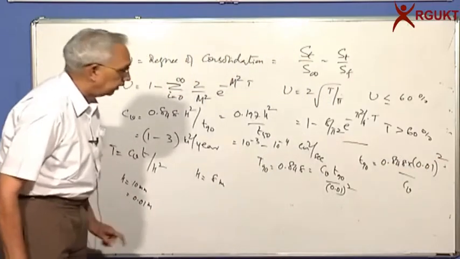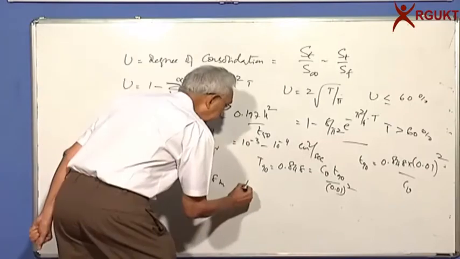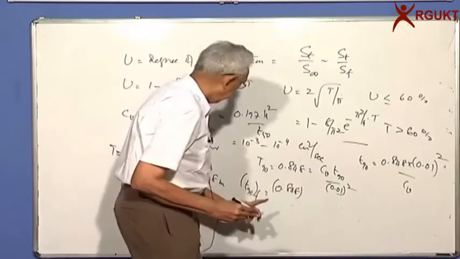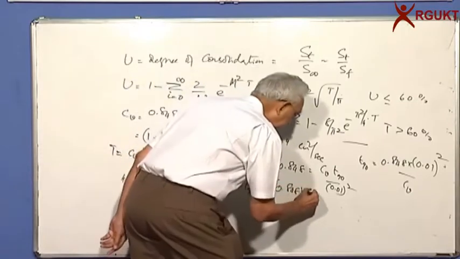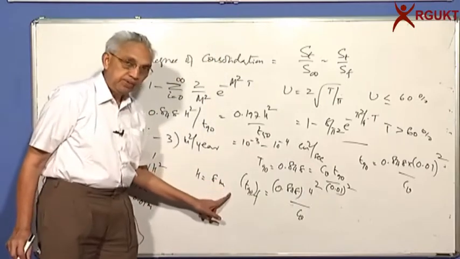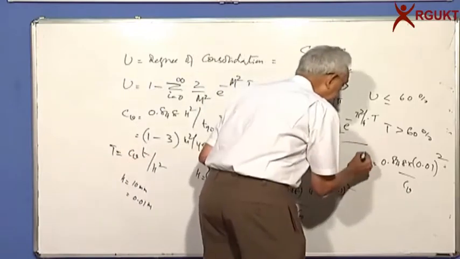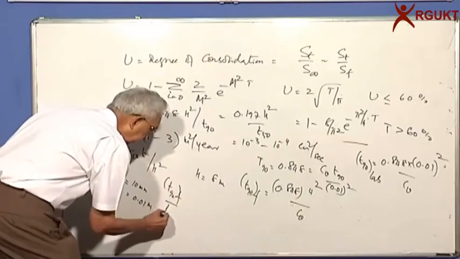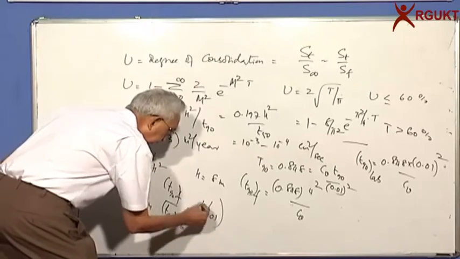In the field, for the same soil, if the thickness is 8 meters, I need 4 meters as the maximum drainage path. So t90 in the field is equal to 0.848 into 4 square by Cv. Now you can say the field time by the lab time, t90 field by t90 lab, is 4 square divided by 0.1 square.